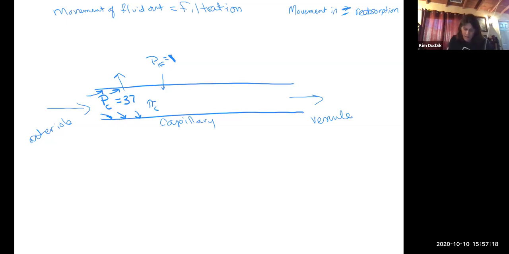Again, that's the plasma proteins that are inside the capillary. They produce a pressure, make the inside hypertonic, and it's about 25. So that means it wants to draw fluid in.